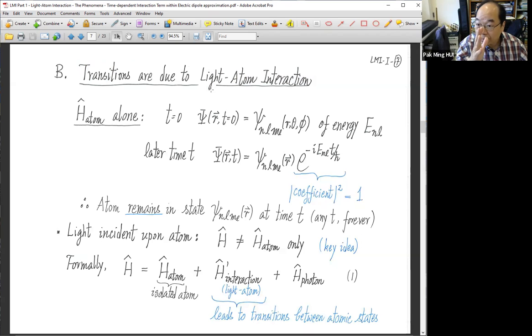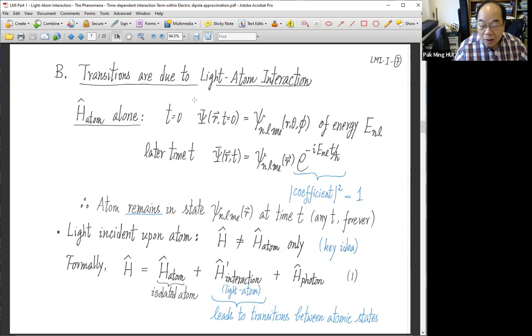From this point backwards, you learn how to solve the Hamiltonian of the atom alone. For example, hydrogen, helium, even hydrogen with spin-orbit interaction, it is atom alone. Well, we solve it happily.